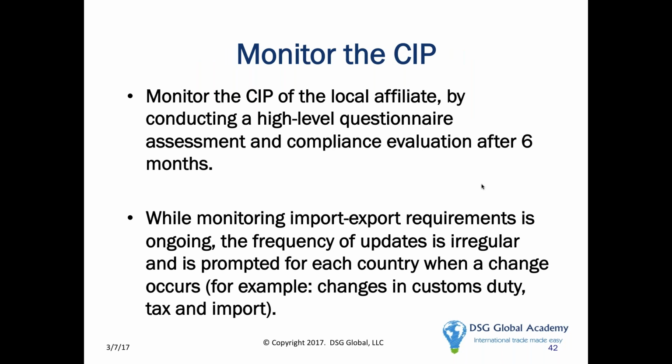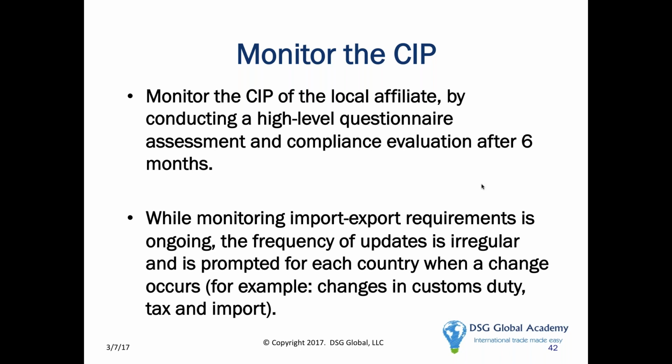Friends, after you do the first phase evaluation and after the second phase, where you create your global standards and have every country create their own individual country program, I recommend monitoring that in 6 months.